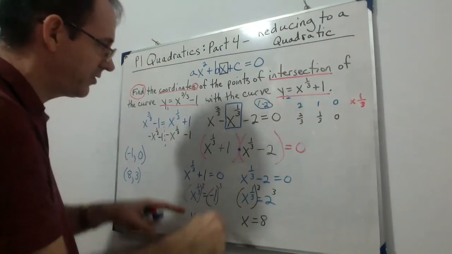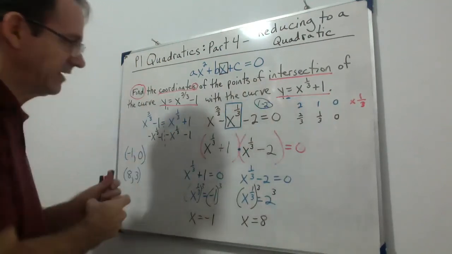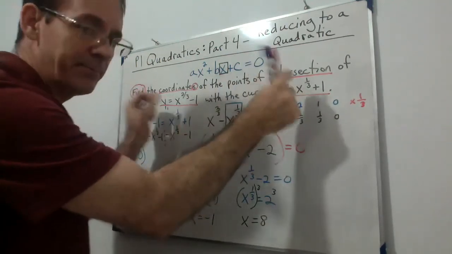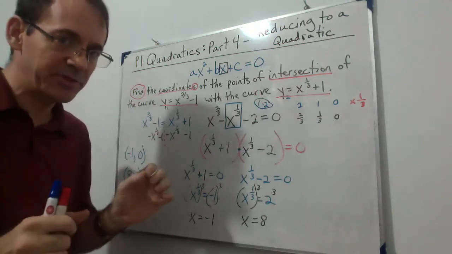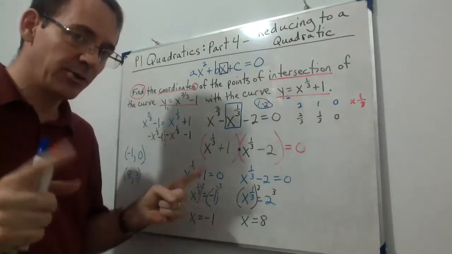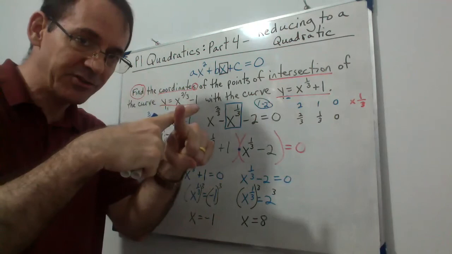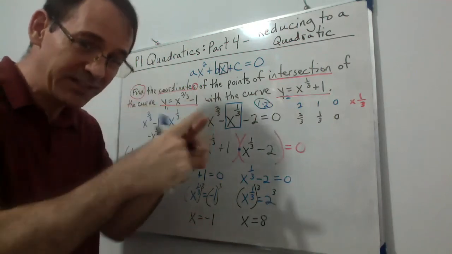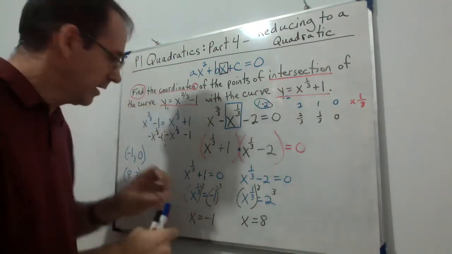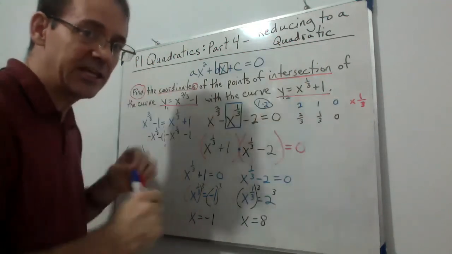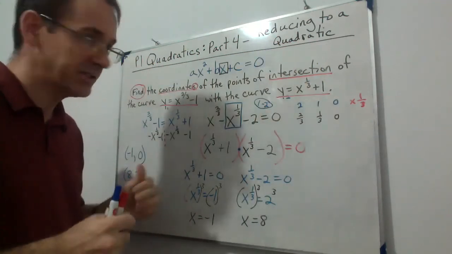Remember, these coordinates have to satisfy both equations at the same time, because that is the location where the 2 graphs are intersecting. So at that one point of intersection means our coordinate works in both equations.